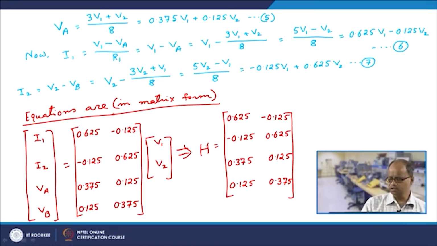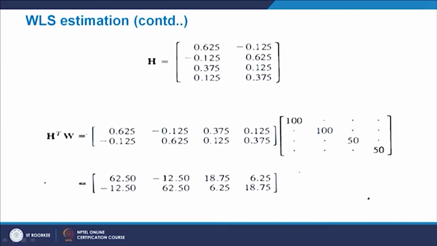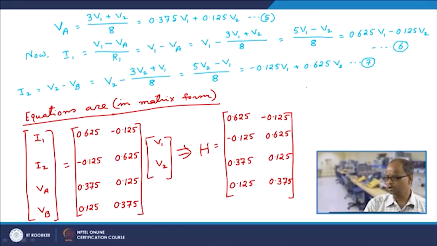Now, with this H matrix, we will do our calculation. Our H matrix is 0.625, minus 0.125, minus 0.125, 0.625, 0.375, 0.125, 0.375, 0.125. And our W matrix, the weight matrix, is a diagonal matrix.